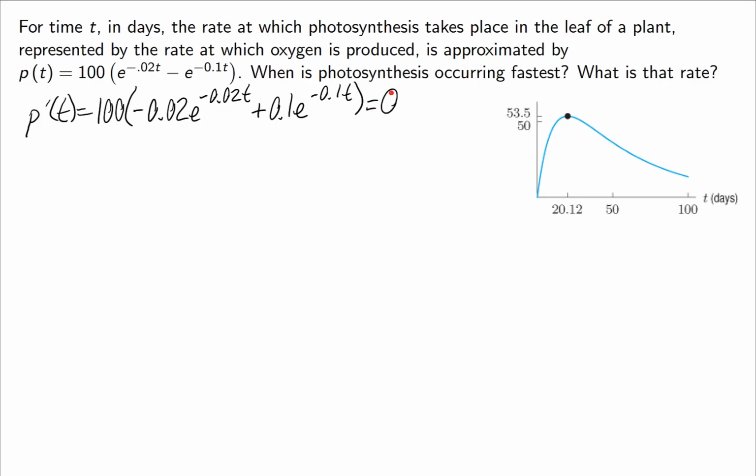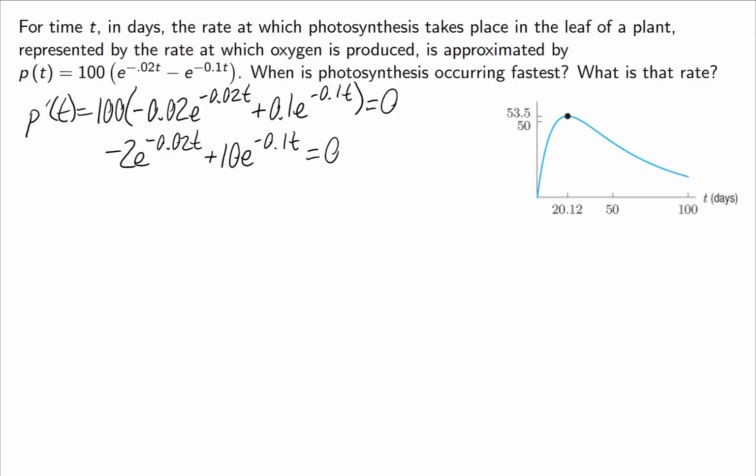Well, if I set it equal to 0, the first thing I might do is go ahead and distribute the 100 to get negative 2 e to the negative 0.02 t plus 10 e to the negative 0.1 t. Now the technique to solve this equation from here is a little bit different from what you may be used to.